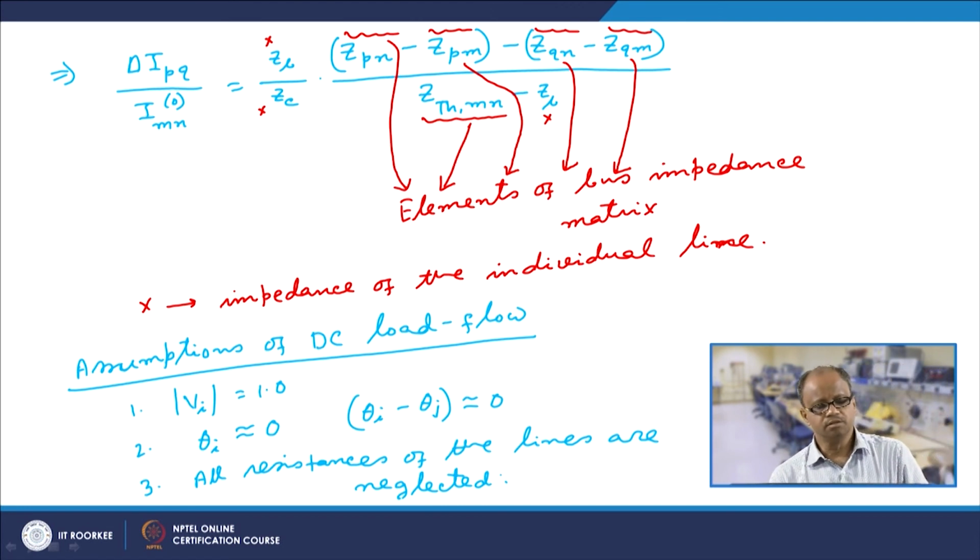So, these are the assumptions of the DC load flow. Utilizing these assumptions, in the next lecture we will see how this same expression can be used to calculate the change in real power flow over an existing line because of the outage of any given line. Thank you.